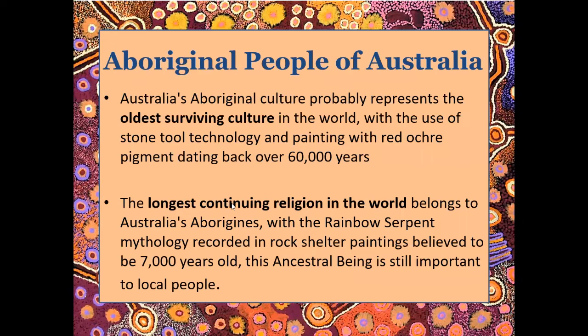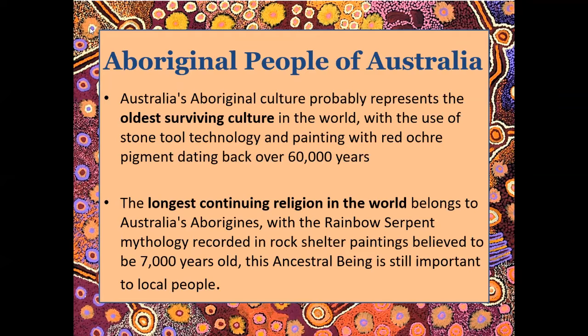So let's talk about what it means when we say Aboriginal people of Australia. Australia's Aboriginal culture represents the oldest surviving culture in the world. They have things like stone tool technology and painting that date back over 60,000 years. That's a really long time.